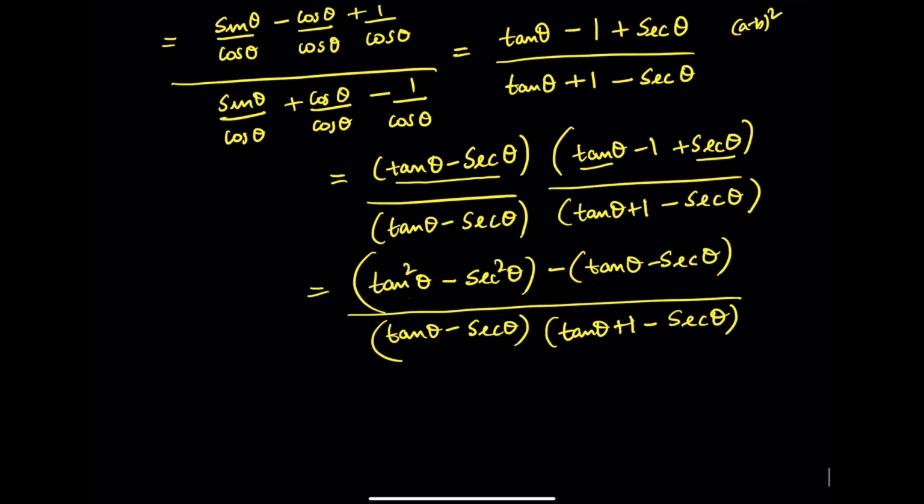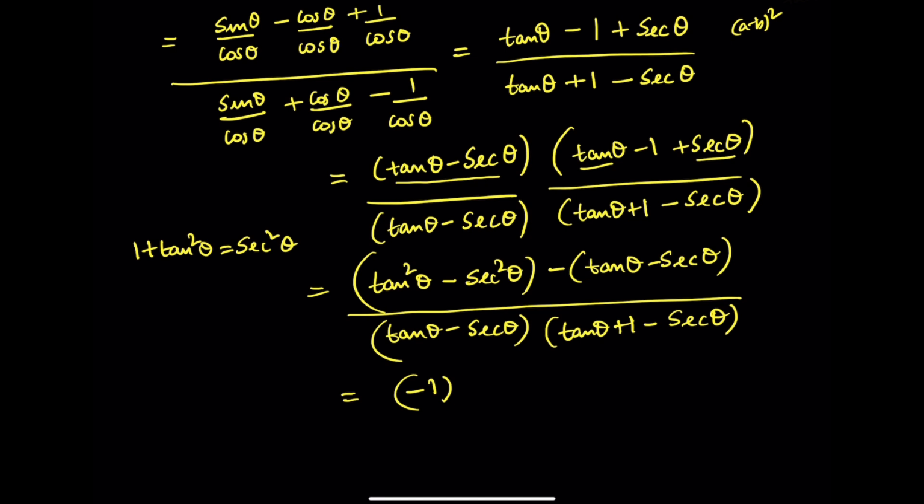Now we know that 1 plus tan square theta is equal to secant square theta, correct? So if we rearrange this, tan square theta minus secant square theta would be equal to minus 1.